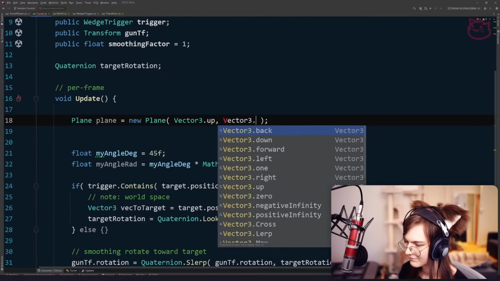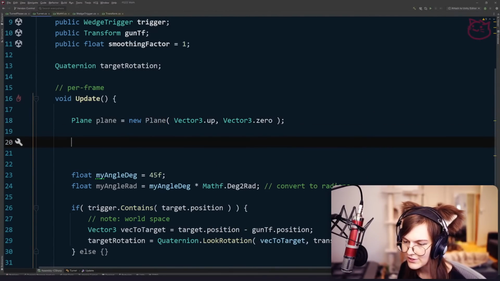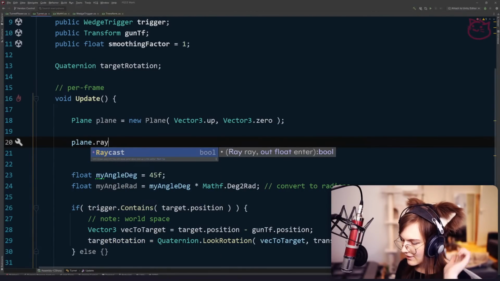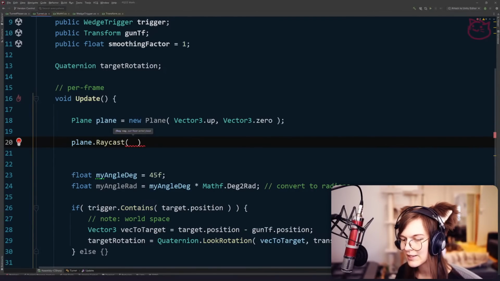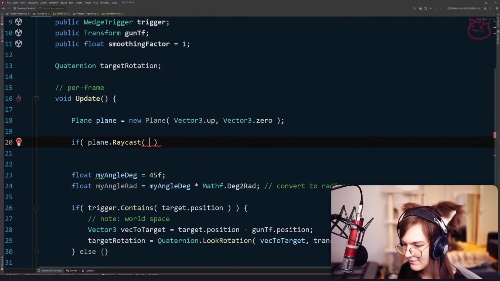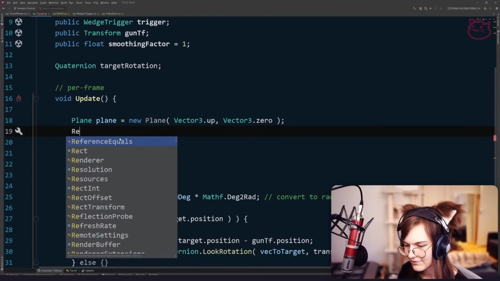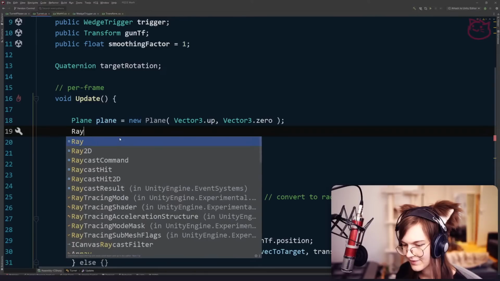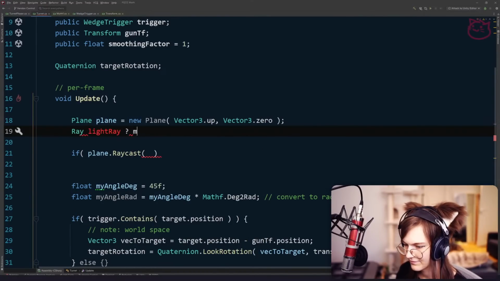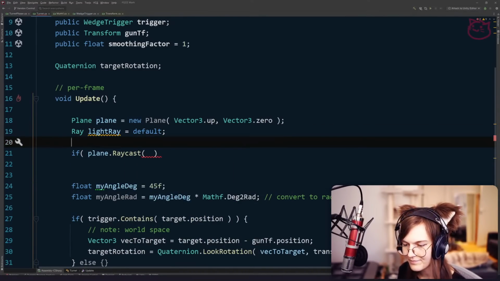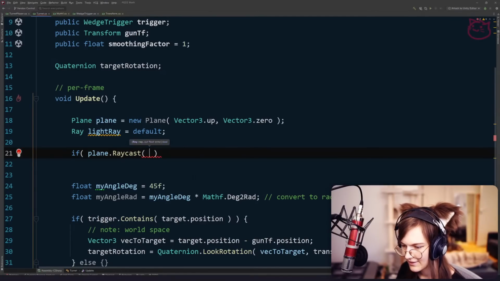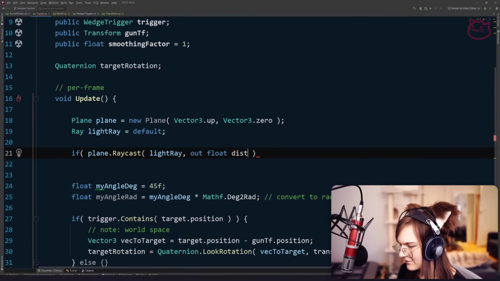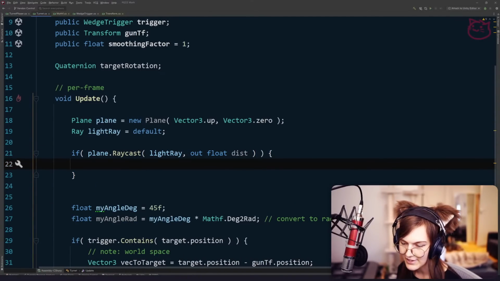Unity's plane has a Plane.Raycast, and that is basically what you want to do, right? You want to send a ray into this plane and get which point it entered at. So generally you would have your initial light ray, and then you raycast using your ray and get the distance along the ray out of it.